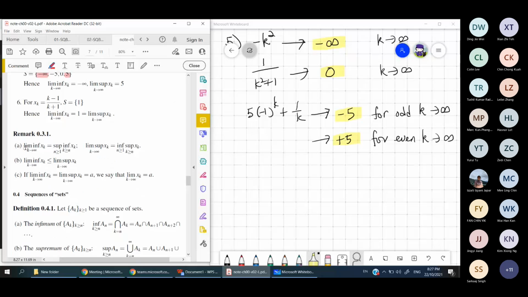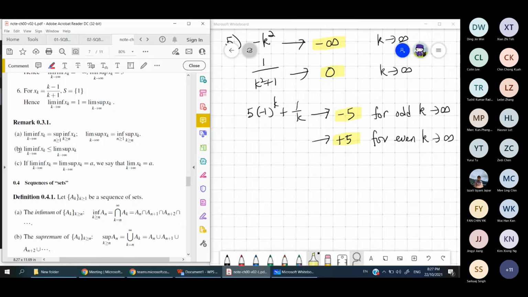Okay, some behavior or properties for the limit infimum and limit supremum. Maybe this is a more important one: the limit infimum of xk is always less than or equal to the limit supremum of xk. So I think this is clear.